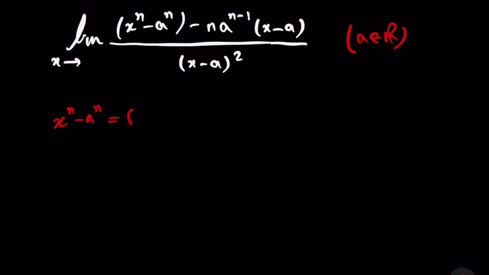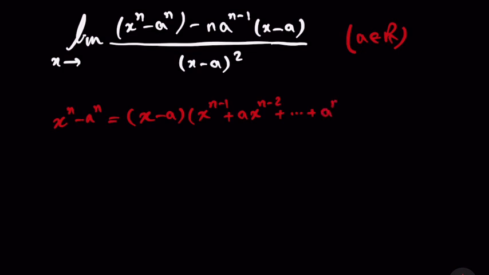The formula is x to the power of n minus a to the power of n is equal to x minus a times x to the power of n minus 1 plus a x to the power of n minus 2 plus, and so on.